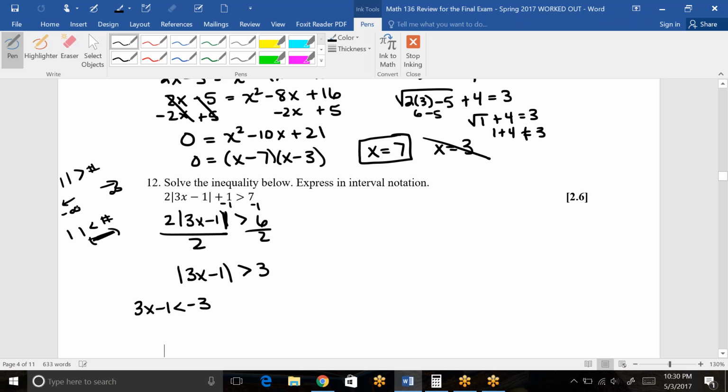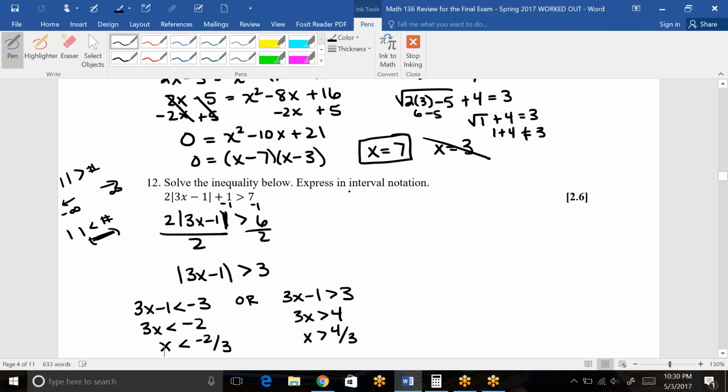That heads us towards negative infinity, so to the left and negative. Or, since it's greater, 3x minus 1 is greater than 3. Notice in that case, you just drop the absolute value. We would add 1, so that would be -2, divide by 3, so it looks like less than -2/3. On this side, I'll add 1 and then divide by 3, or greater than 4/3.